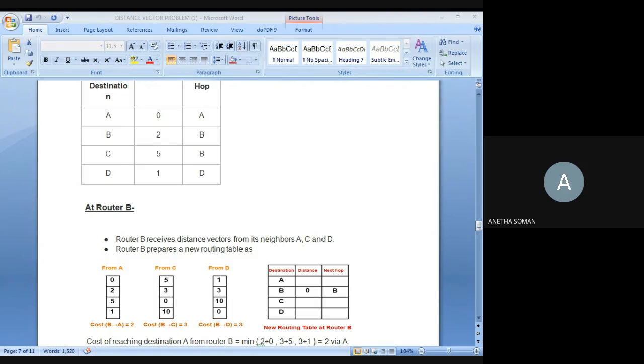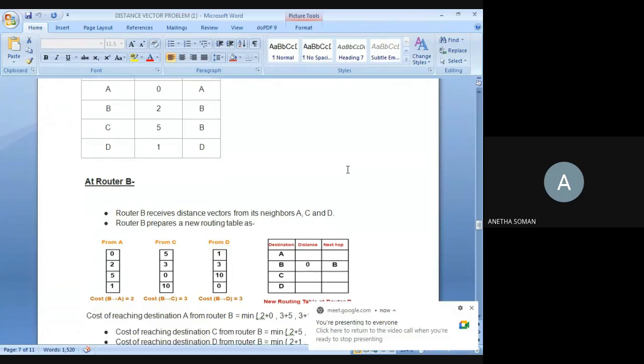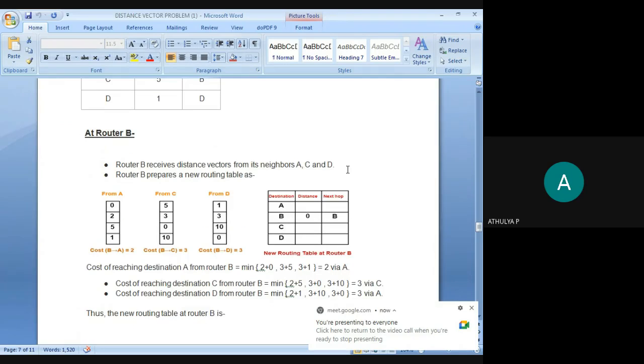It is 2 plus 5, 3 plus 0 and 3 plus 10. Yes or no? Now what is the minimum cost? 3. Yeah, 3 via C.